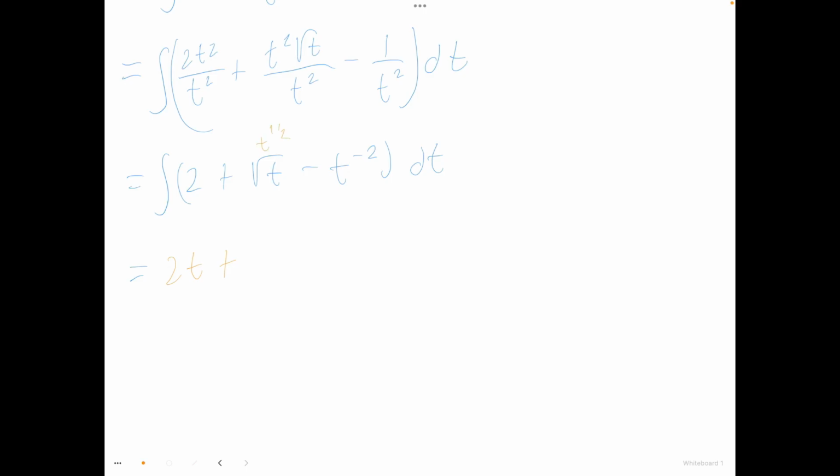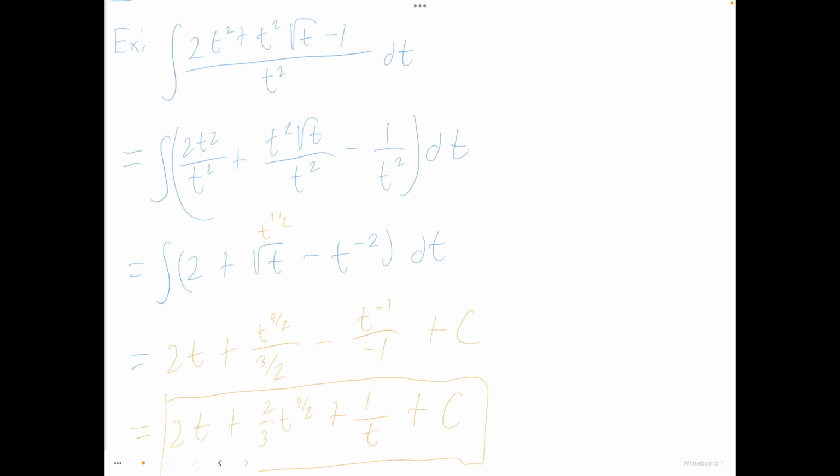So using the power rule, we're going to have t to the 3/2 divided by 3/2 minus t to the negative 1 divided by negative 1 plus a constant. So we're left with 2t plus 2/3 t to the 3/2 plus 1 over t plus a constant. And so this then is our indefinite integral.